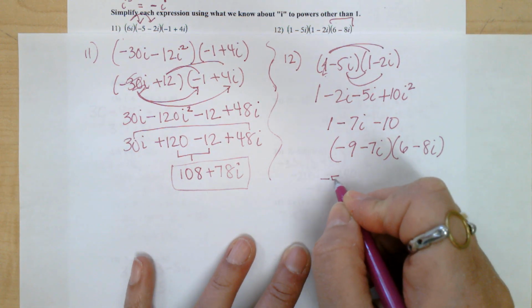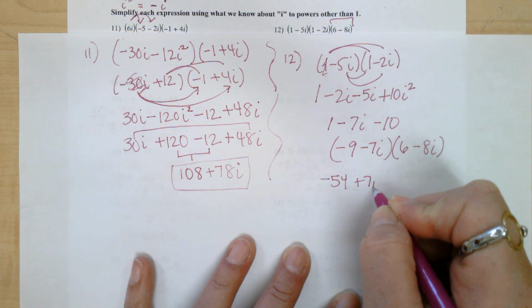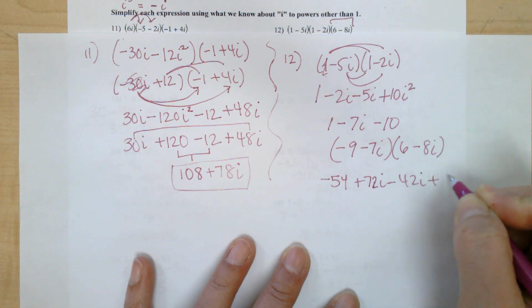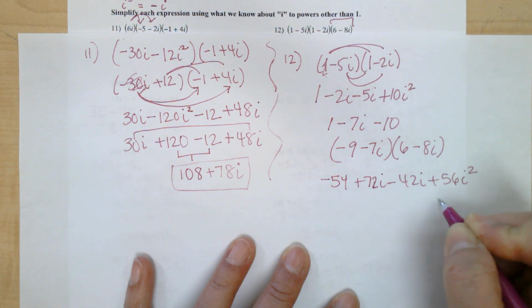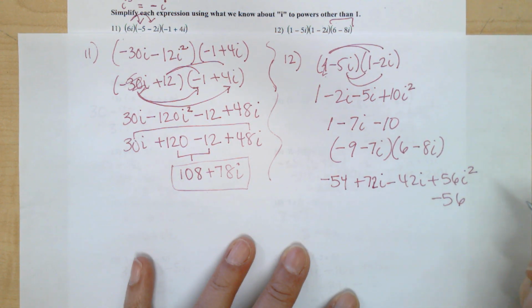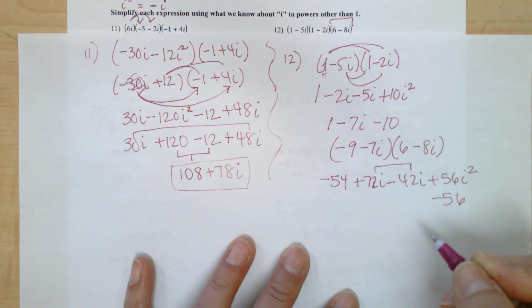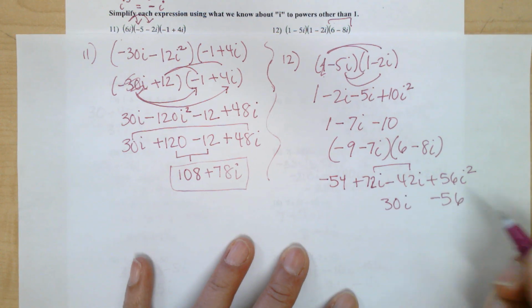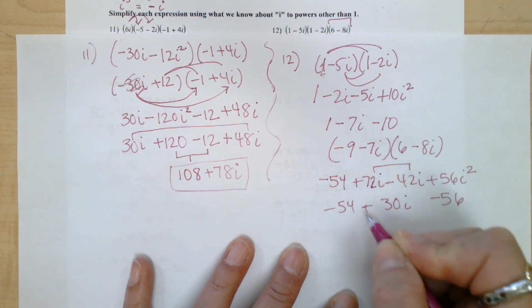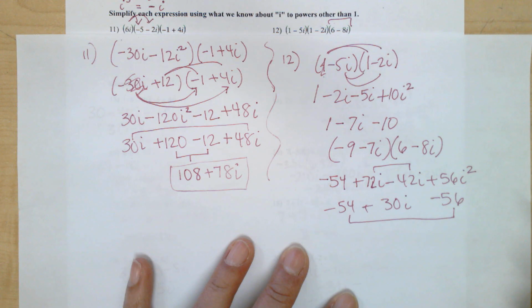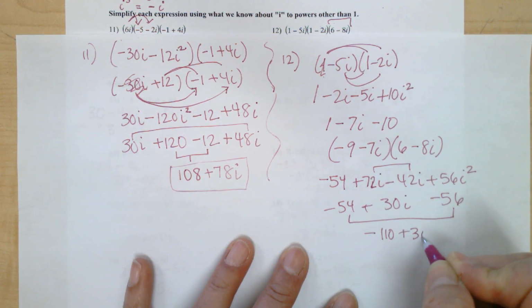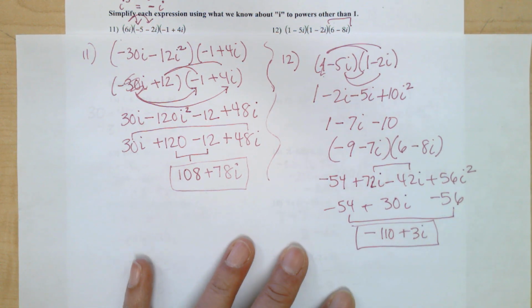Okay, to do this, we get negative 54 plus 72i minus 42i plus 56i squared. Let's change that. Perfect. We can combine those two to get 30i and plus a negative 54. We can combine these two, and we're going to get negative 110 plus 30i, and we're good to go.